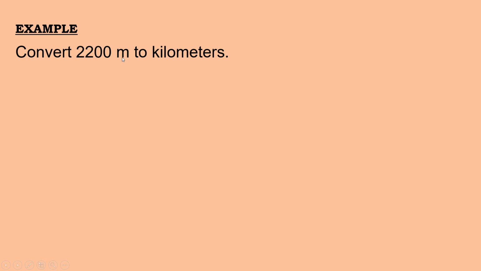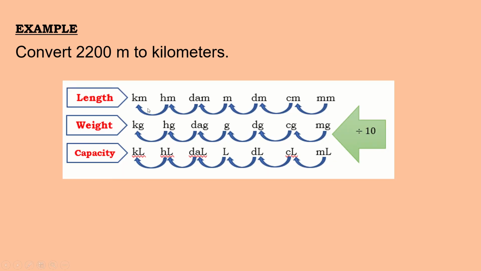So kapag smaller to larger unit, what we need to do is move left. So this is our meter, and we have to move left going to kilometer. From meter, we have to move 1, 2, 3. So 3 places.